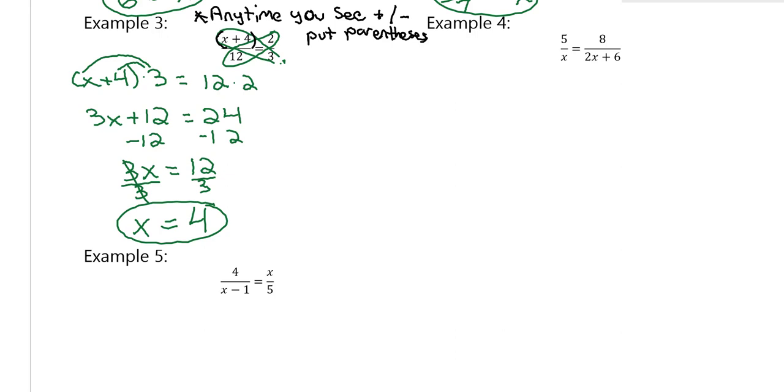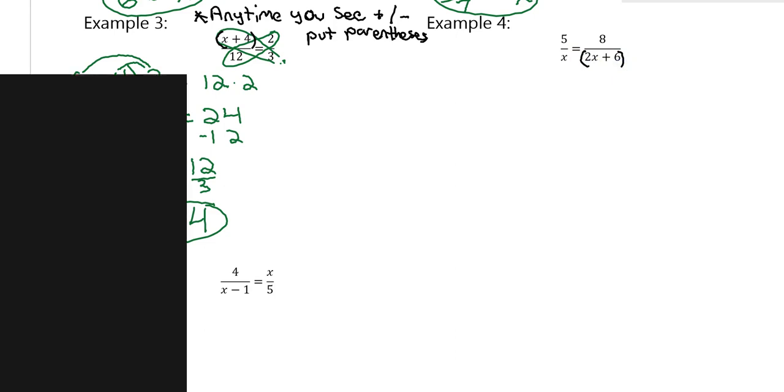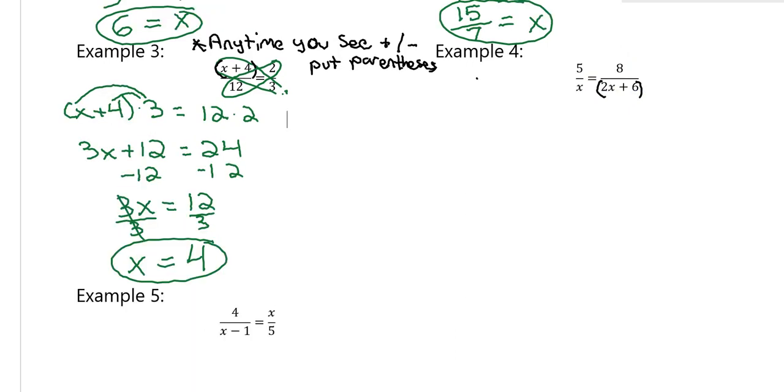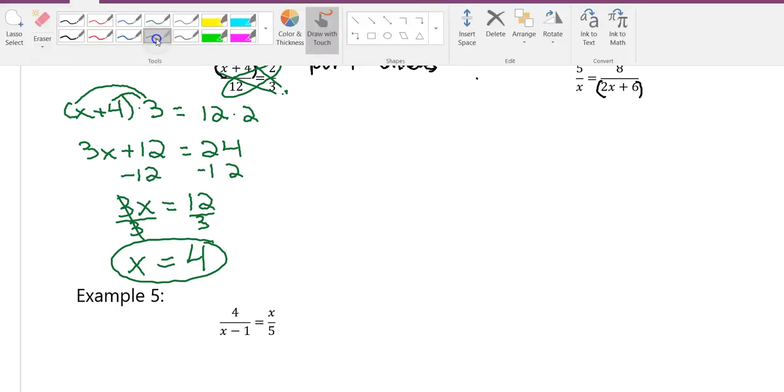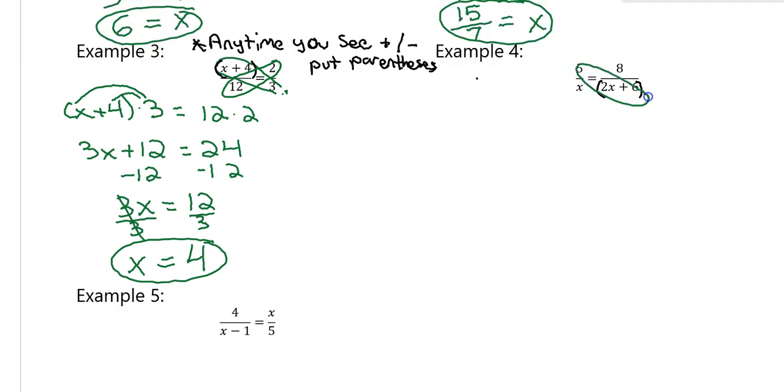Looking at example 4. This is another one with a plus sign, so I need to add those parentheses. And then regular cross multiplying. So I have 5 times, again in parentheses, 2x plus 6 equals x times 8. So I'm going to start by distributing.